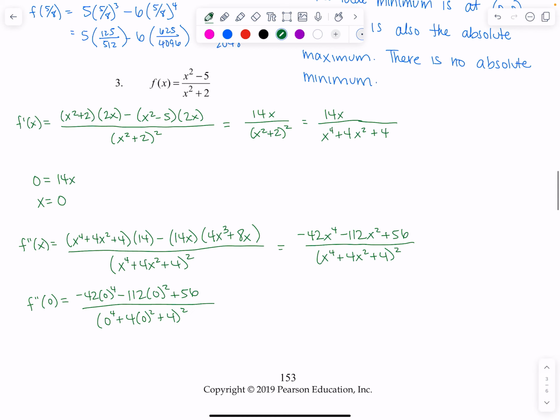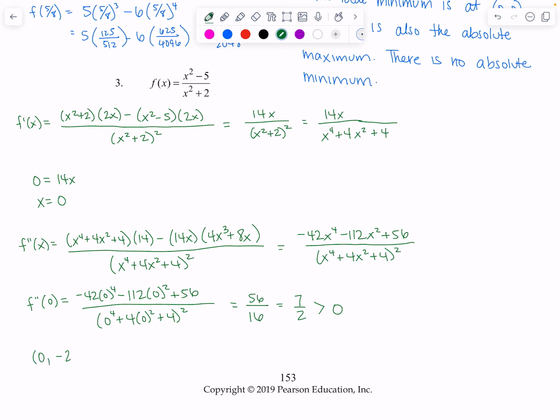This is going to give us 56 over 16, 7 over 2. That is greater than 0, so we have a local minimum.